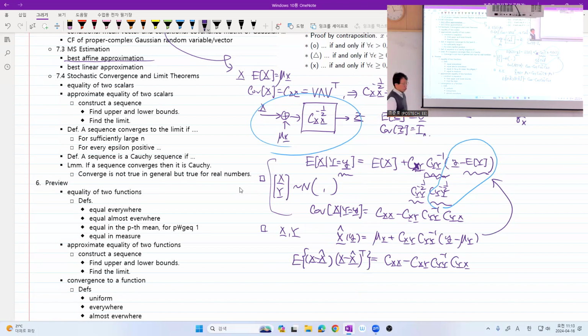The key idea is to construct a sequence of scalars that hopefully converges to the number. So suppose we want to claim x is very close to y. What we do is select x or y, one of them, and construct a sequence. Of course, this x is one of the x of n at very large n, for example, and then we show that the sequence xn has the limit y.